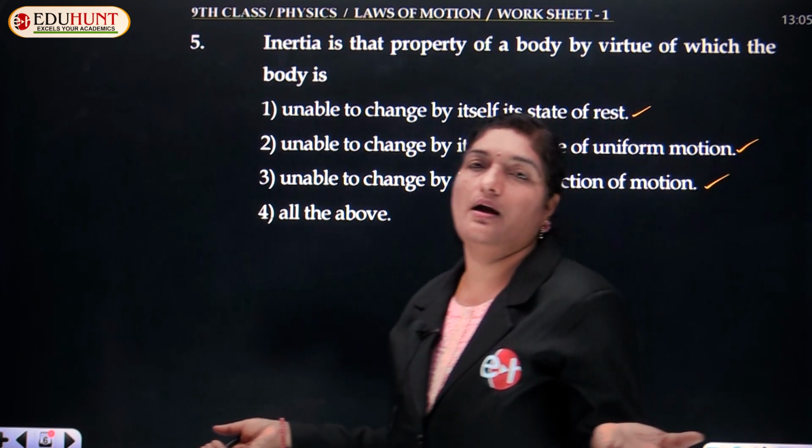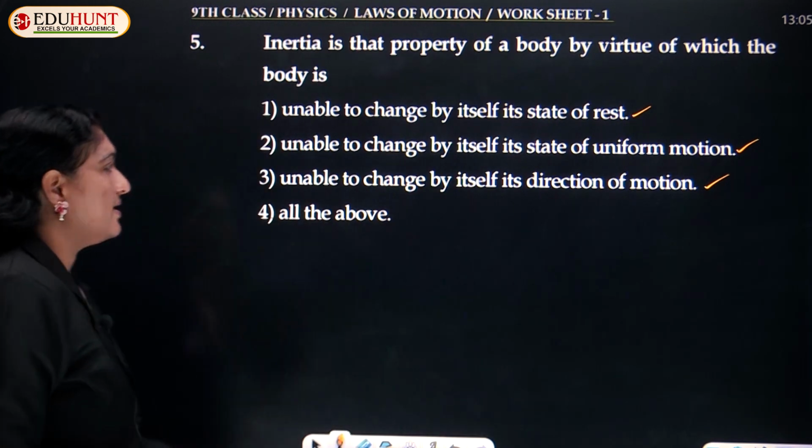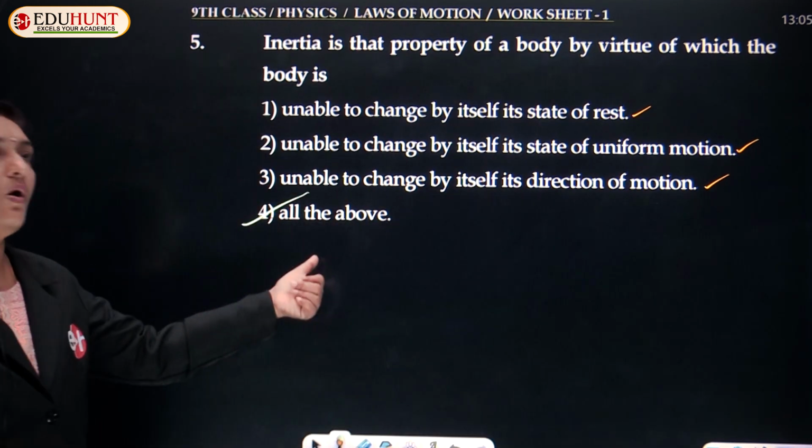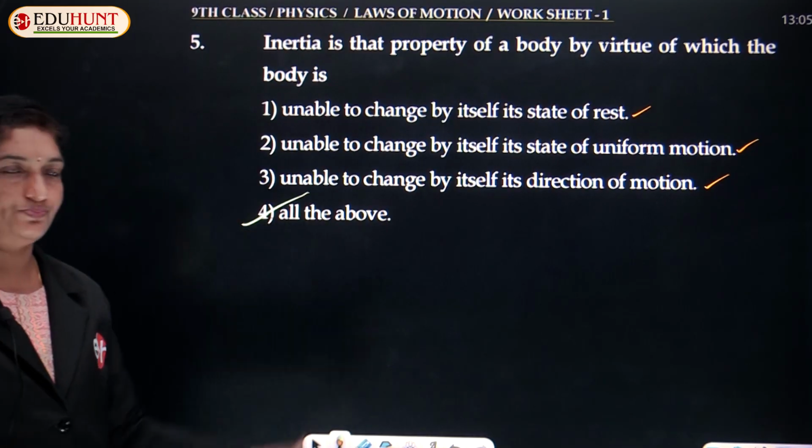All the above 3 are true. Hence, the correct option is the fourth option, all the above are true.